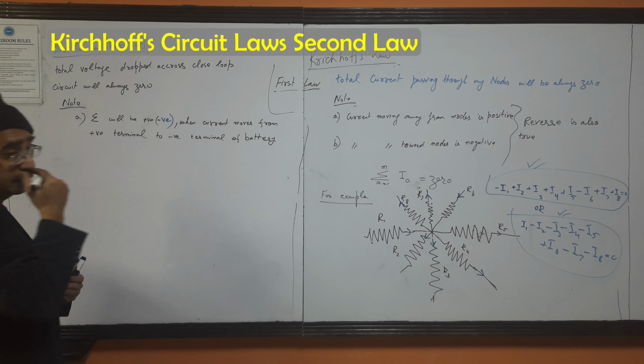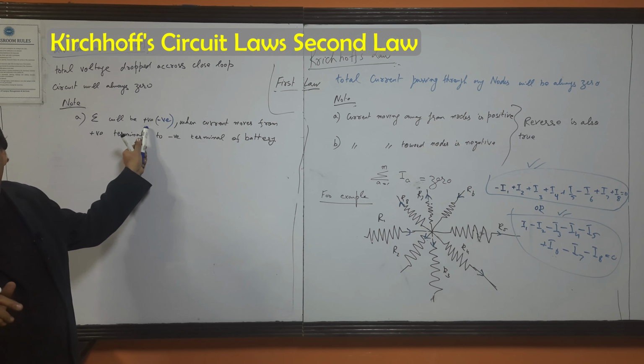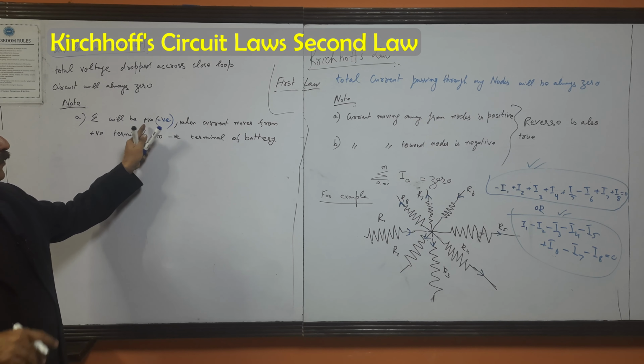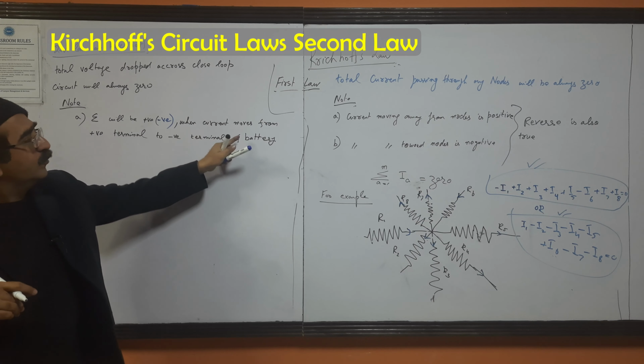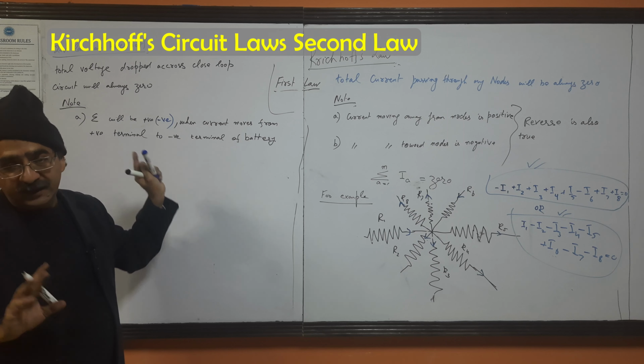Okay, 1 minute. So, it will be positive. I will explain it later. You consider only the positive. The voltage drop will be positive when current moves from the positive terminal of the battery to the negative terminal.